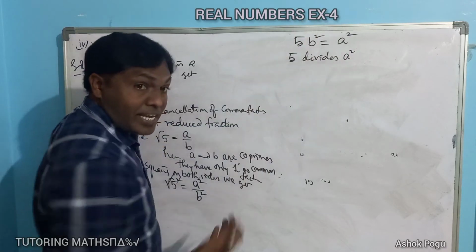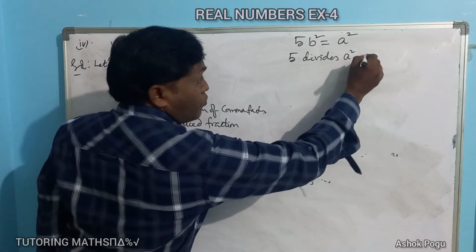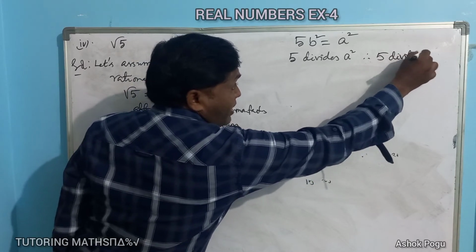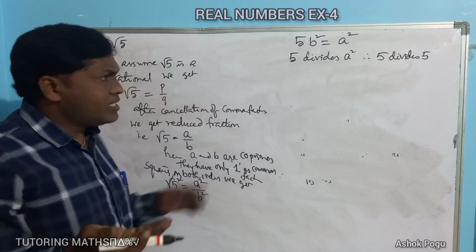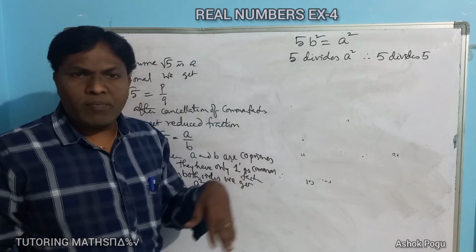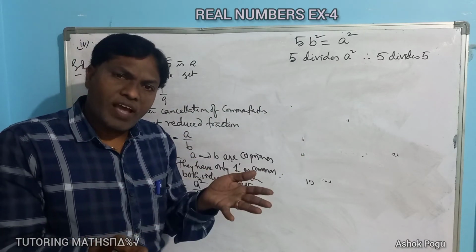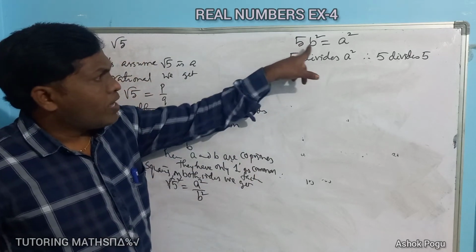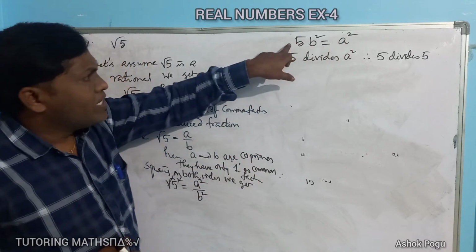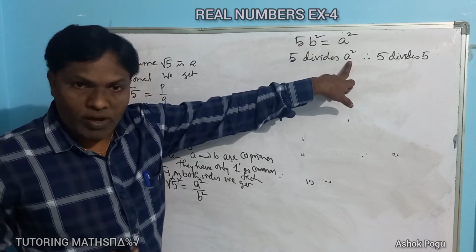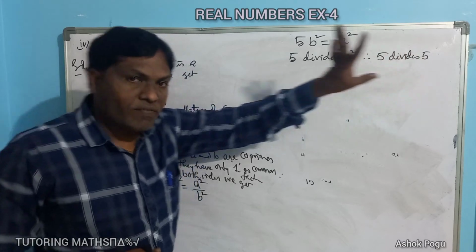Since 5 divides 5b square, easily we can cancel by 5 because 5 itself is a factor. Every number is a factor of itself. So 5b square is equal to a square means 5 divides a square.